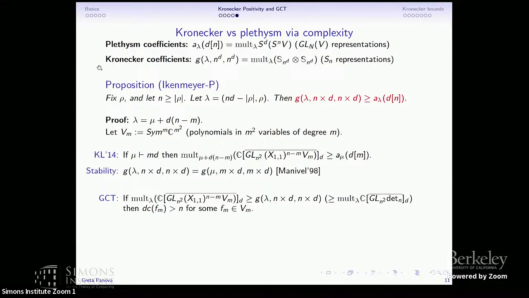And now comes the complexity theory. Geometric complexity theory tells you that if the multiplicity of lambda here is greater than the Kronecker, which is now greater than the multiplicity in the determinant orbit closure, it means that some polynomial here cannot be represented as an n by n determinant of affine linear forms.